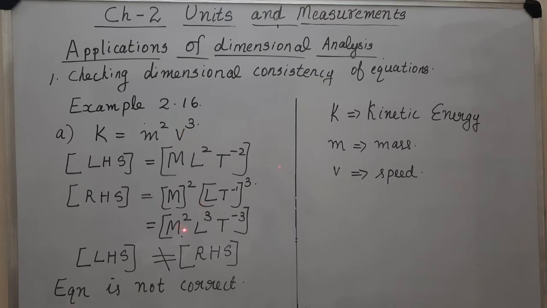So it becomes M square L cube T raised to minus 3. So dimensions on left hand side not equal to that on right hand side. So the given equation is not correct. So pay attention. If it is wrong, you can simply write not correct. But if it is correct, we will write the given equation is dimensionally correct.